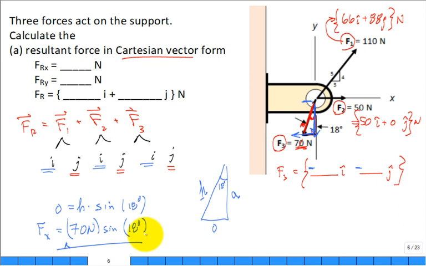And so what does this work out to be in the negative x? I forget. 66? No, is that right? No. There it is. 21.63. And then for the y, that will be 70 newtons times, not the opposite, but now the adjacent, the cosine of the 18 degrees.